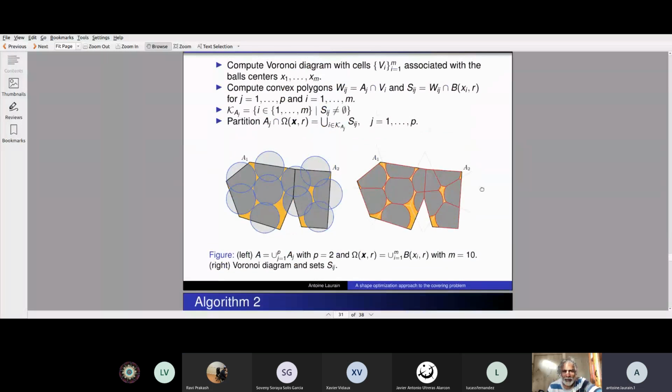Yeah, because I was very fast on this part, so I should have taken more time and maybe skipped other stuff. But basically, maybe it can be extended to more general shapes than polygons, but I don't think it's possible to extend to very general shapes. The problem is the intersection, in my opinion.